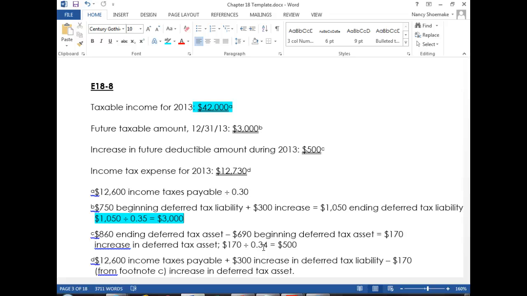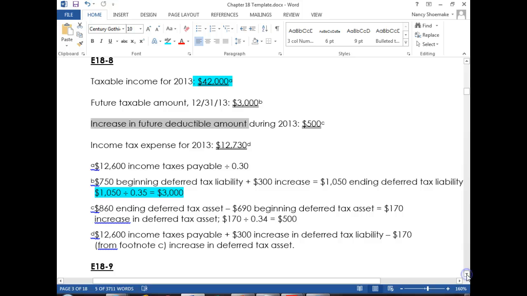What is the tax rate going to be in 2014? 34%. So it's asking us for the increase in the future deductible amount. Well, since we added $170 to our deferred tax asset, and we divide that by 34%, that is $500 here. Okay?